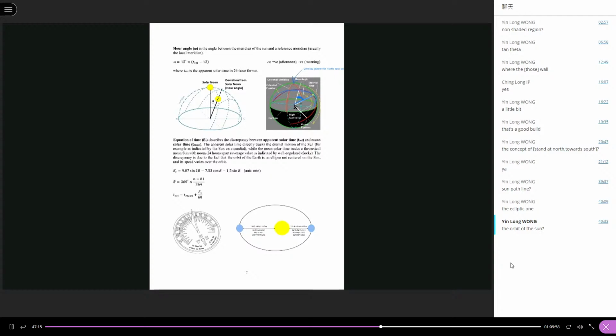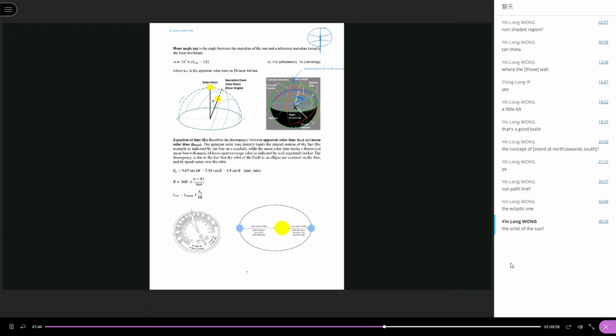So at solar noon time, the sun will be along the north or south direction, right? If you recall the sun path diagram, the solar noon time will be over here.